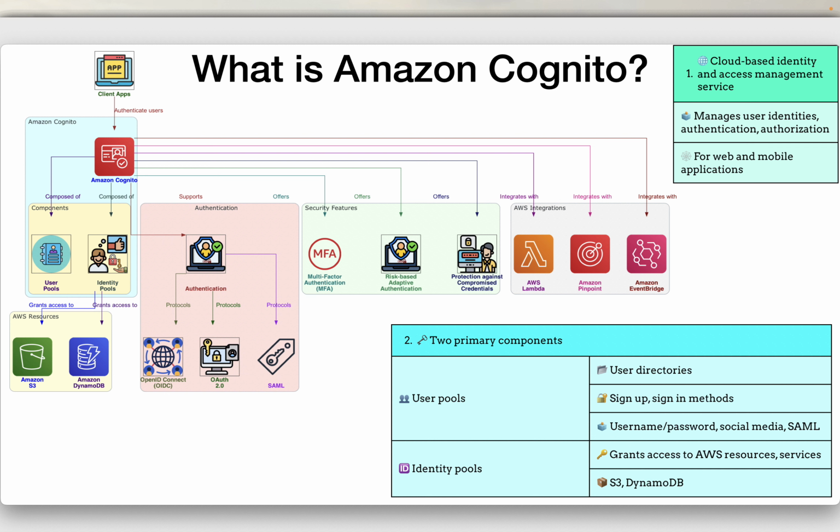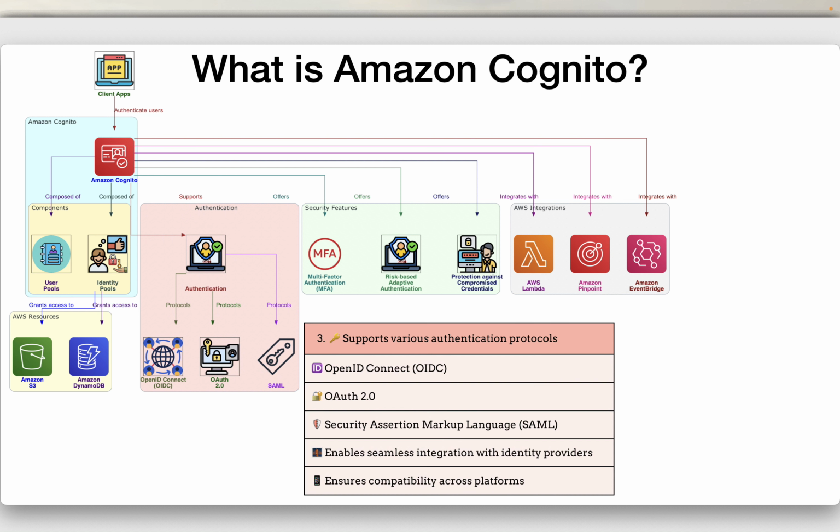It can be username, password, social media, SAML, while identity pools grant users access to AWS resources and services like S3 and DynamoDB. So user pools you can just think of as a directory, and identity pools as a service which grant access to different services like AWS resources, services. So this one is storage and one is giving access, a mechanism to give access.